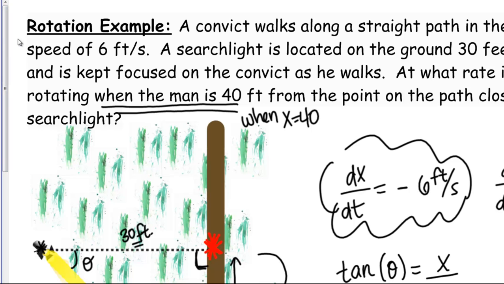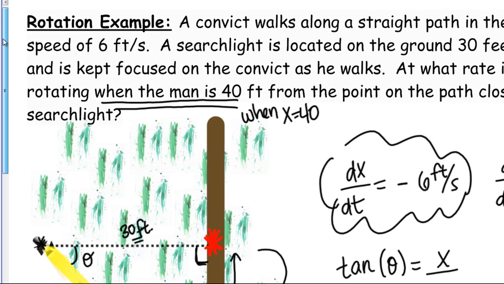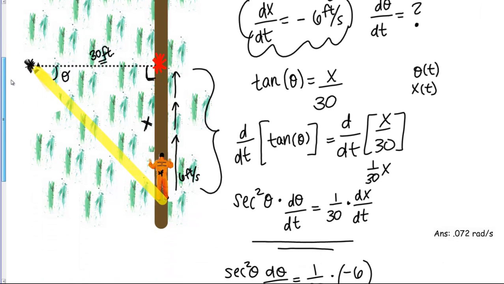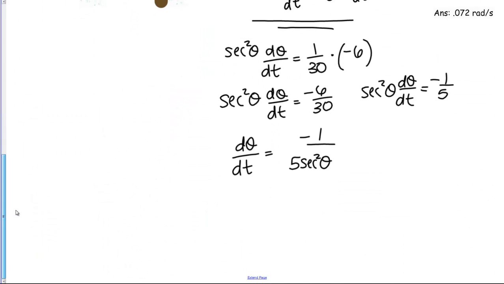I'm ready now to plug in this particular moment information. Now this problem is maybe a little tricky because I'm interested in when x equals 40, but if I scroll down to my formula here, there's no x's in my formula.